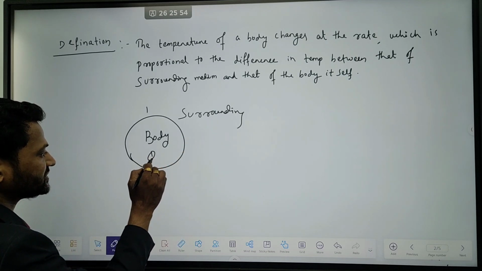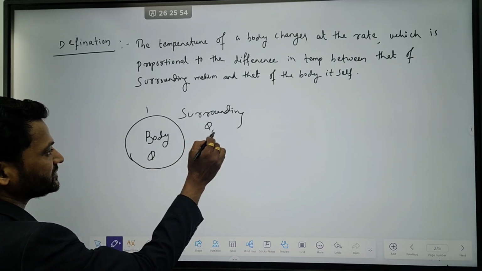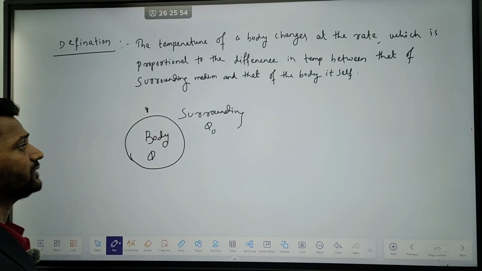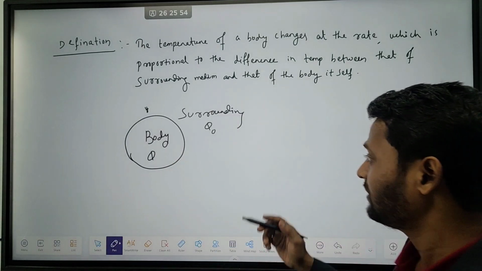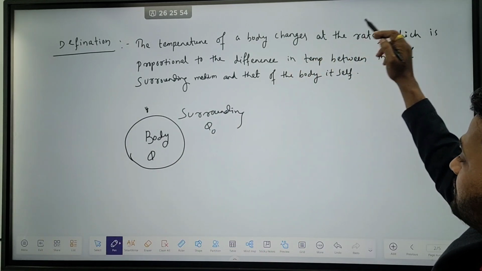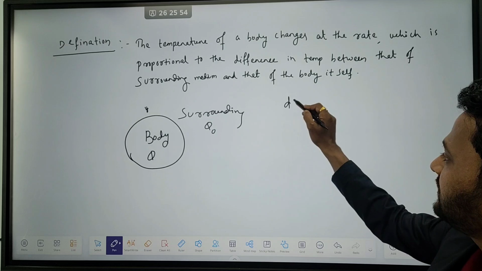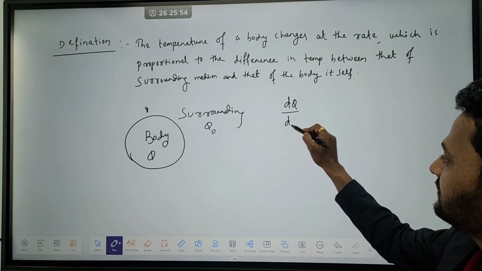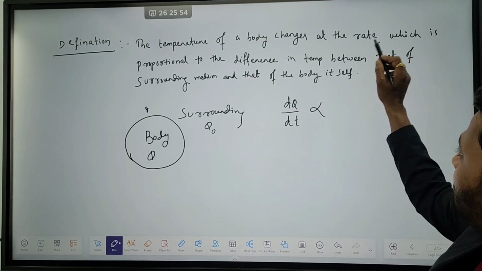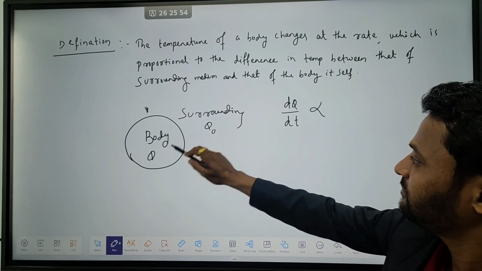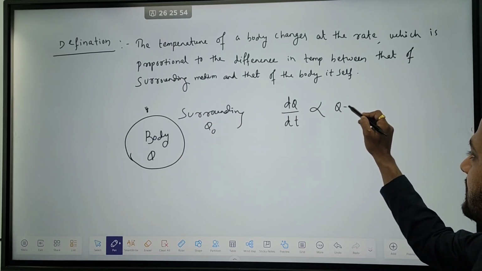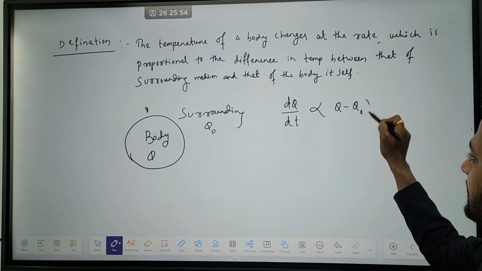Let the body temperature be theta and the surrounding temperature be theta naught. As per the definition, the rate at which temperature changes, that is d theta upon dt, is directly proportional to the change in temperature between body and surrounding, meaning directly proportional to theta minus theta naught.